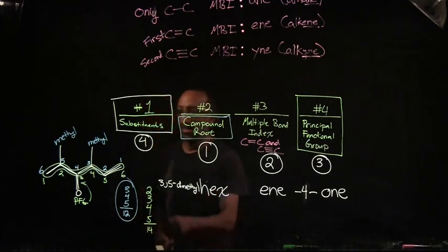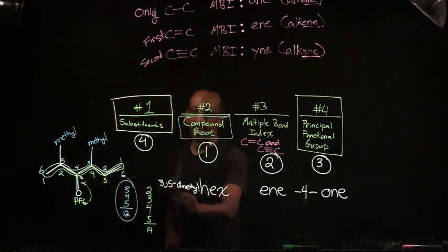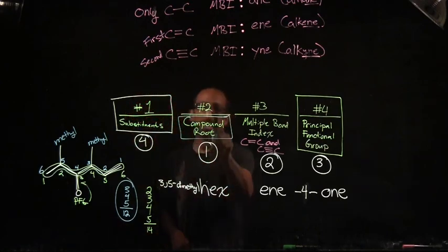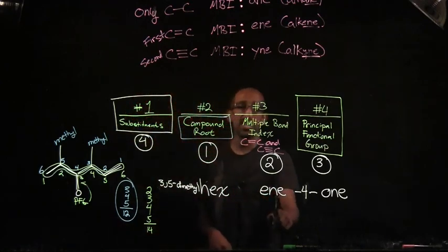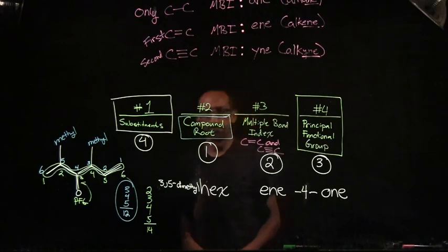So again, methyl group at position 3, methyl group at position 5, carbonyl ketone at position 4. 3,5-dimethyl, that's our substituents, hex, that's our compound root, ene, our multiple bond index, 4-one, our principal group and its position.